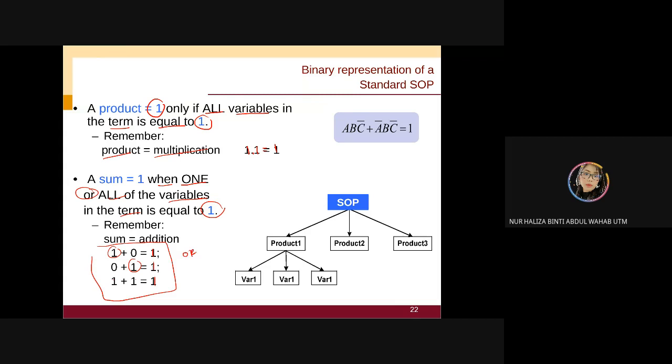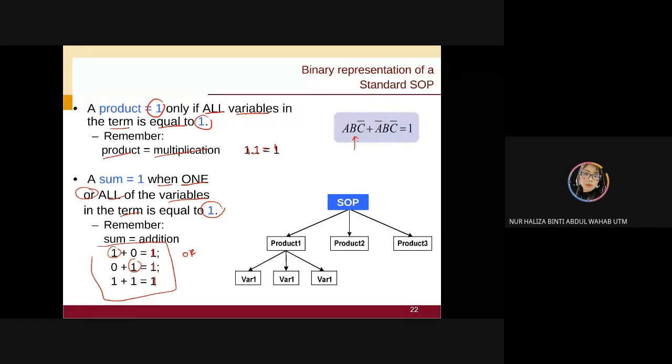This is an OR gate. So that's why you can see over here, if this product term is 1, your output will be 1. If this product is also 1, but this one is 0, let's say, you also get 1 for your output.